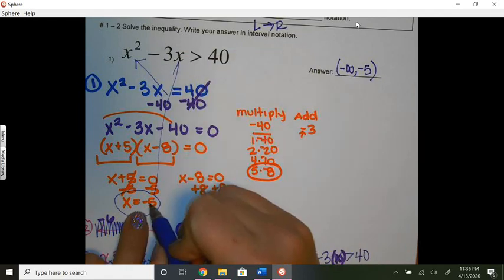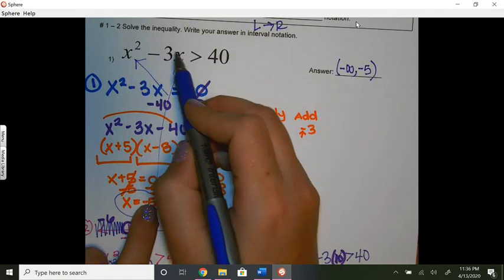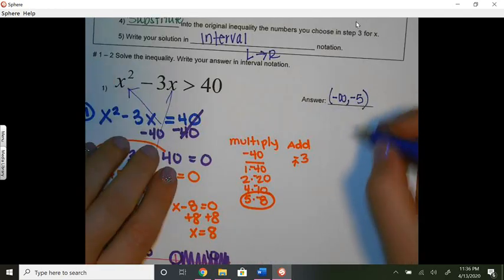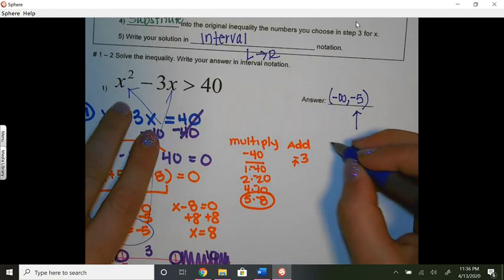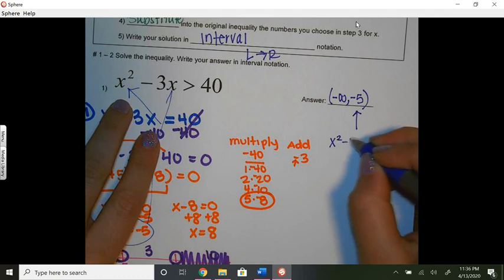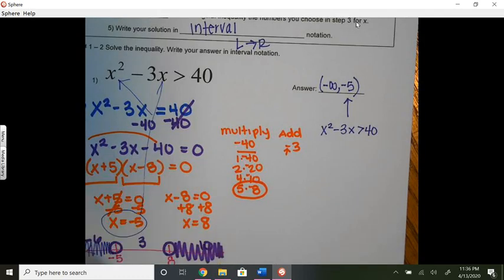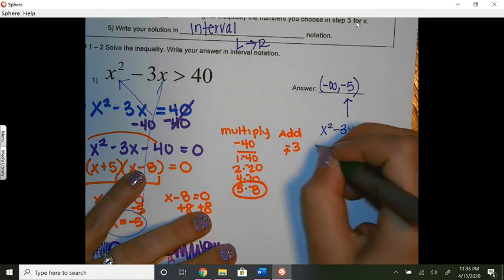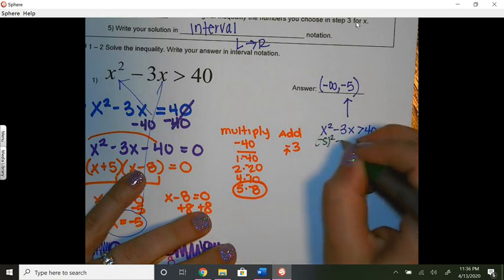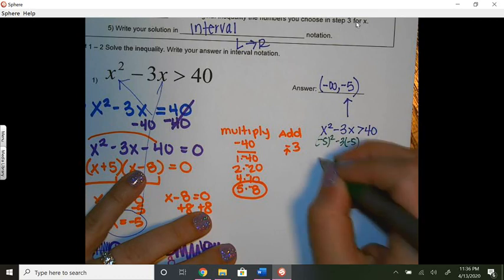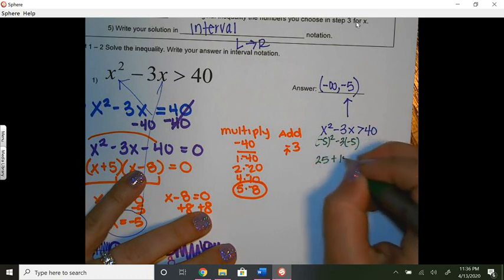So again, if we plug in negative 5 for x, so if I do that just to show you why there's a parenthesis here. If I go back to the original problem, which was this, and we plug in negative 5 here, it would get us 40.